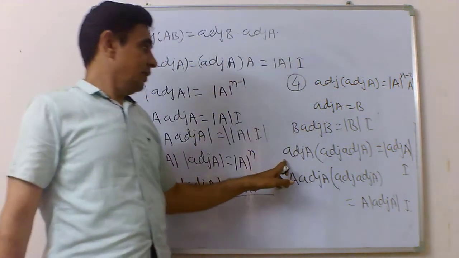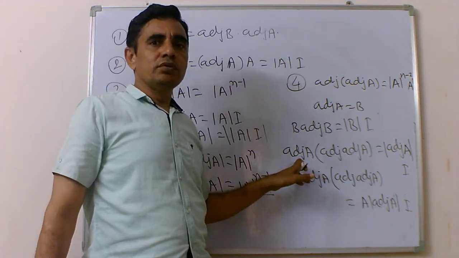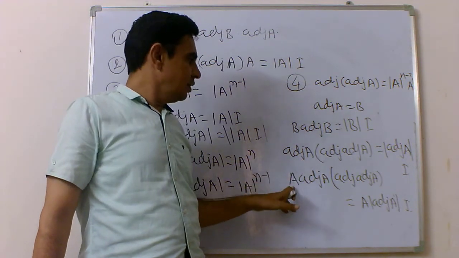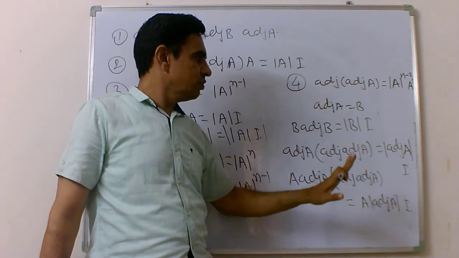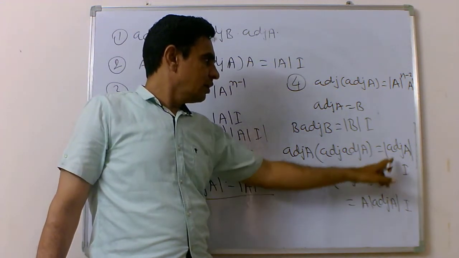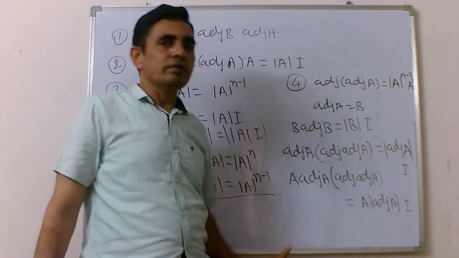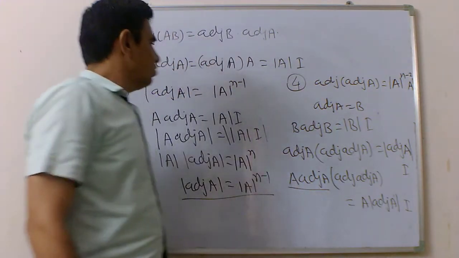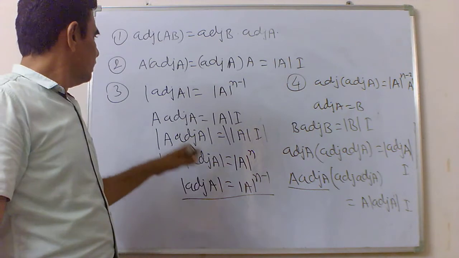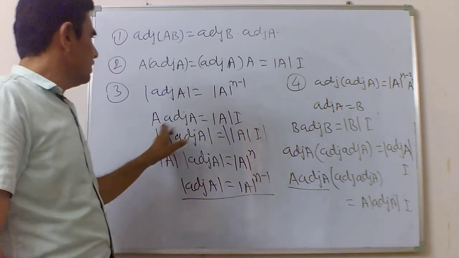हे जे इक्वेशन आपल्याकडे आहे या इक्वेशनच्या दोन्ही बाजूला आपण मॅट्रिक्स A न मल्टिप्लाय केलं. A into adjoint of A as it is adjoint of A. इकडं A as it is determinant of A into I. Then we know A into adjoint of A is equal to what?